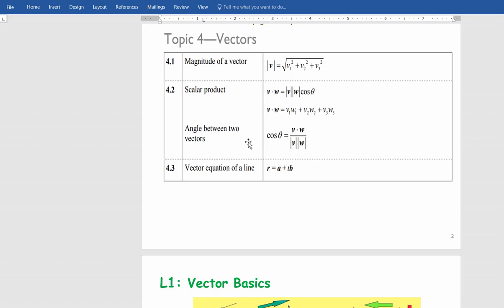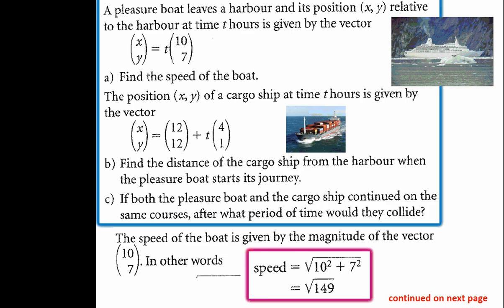So that one would be located at the origin, and that's the direction vector. This one is the position, the point P, on the line. So this is the vector equation for the pleasure boat, and this is the vector equation for the cargo ship.